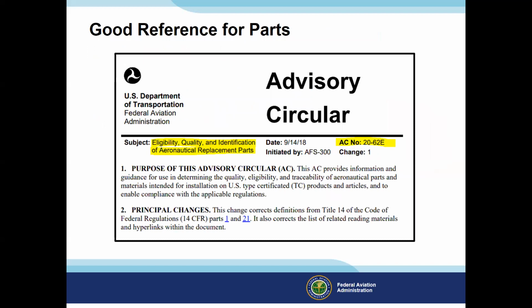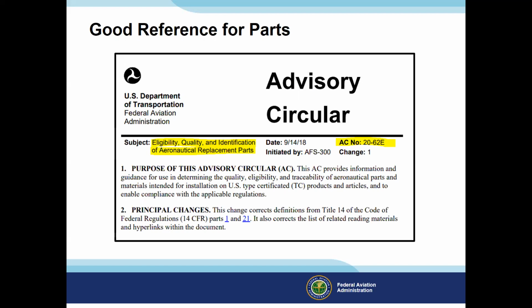This advisory circular is a great way to gain more information on what is good and what is not good, what is approved and what is not approved. Looking in FAR 21.8 and 21.9, as well as using this advisory circular, is a great source for information on parts.